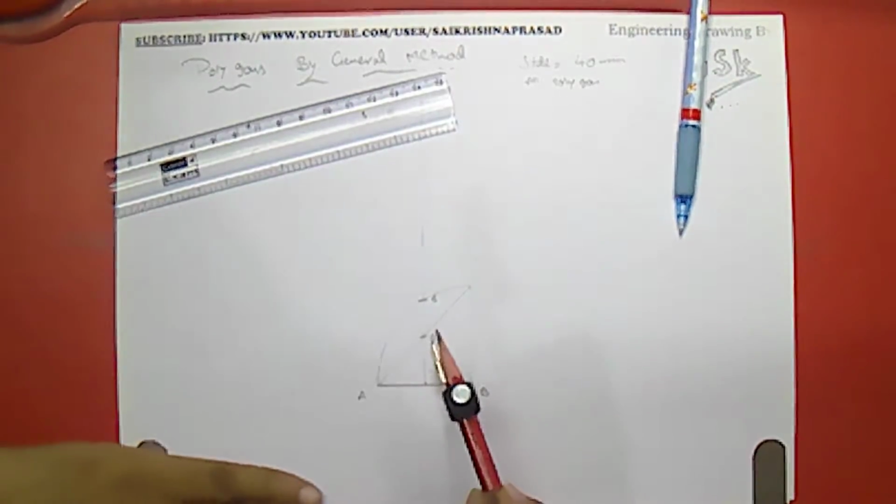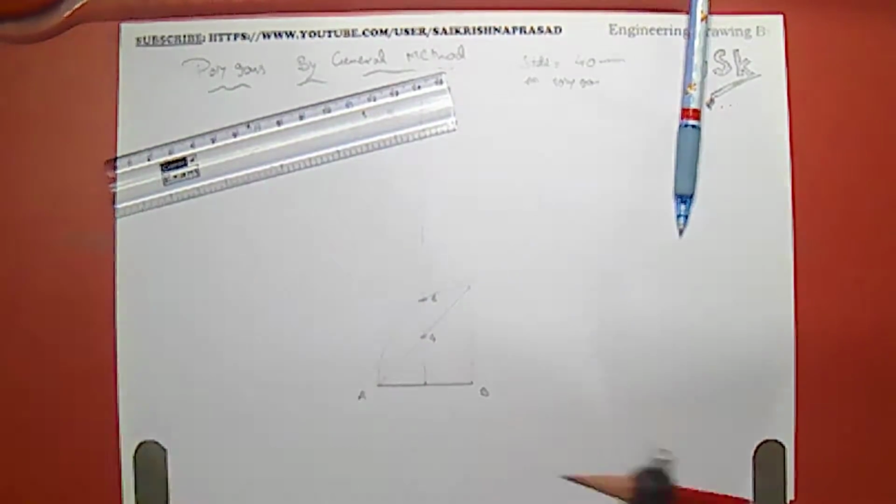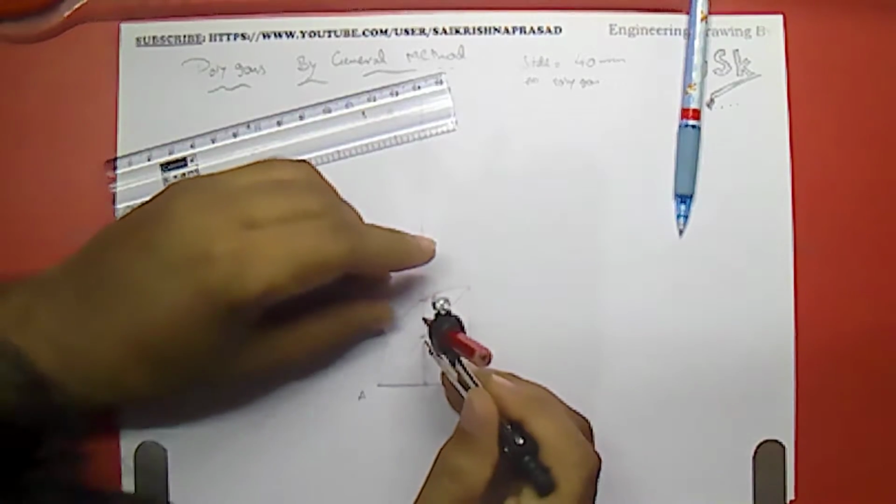Now you have to divide this 4 and 6. Why I am naming this as 4 and this as 6, you will come to know now.